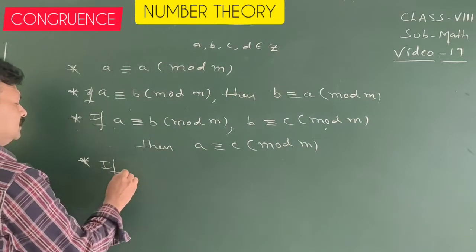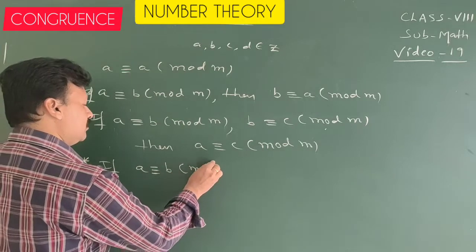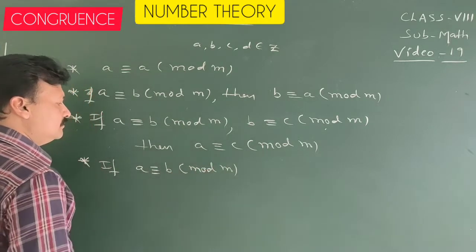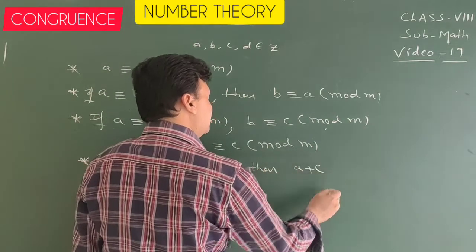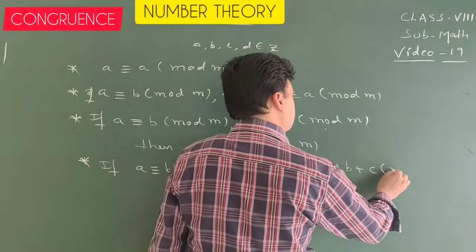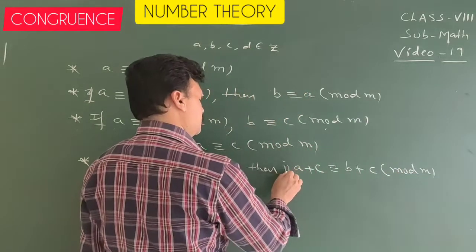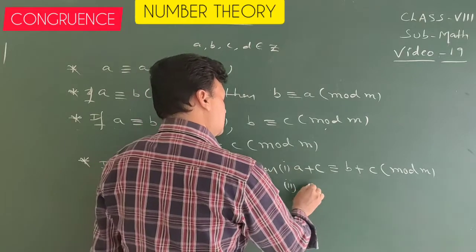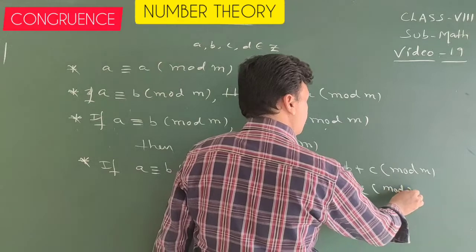Next, if a is congruent to b mod m, then a plus c is congruent to b plus c mod m, and ac is congruent to bc mod m.